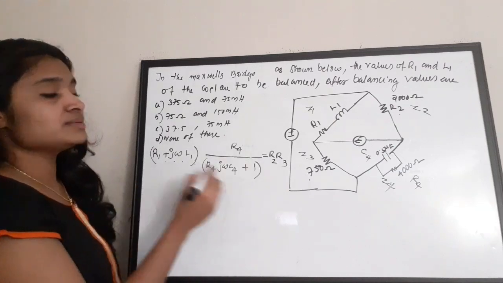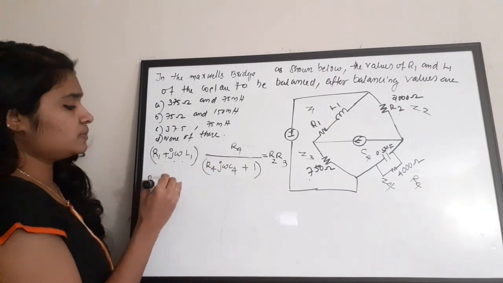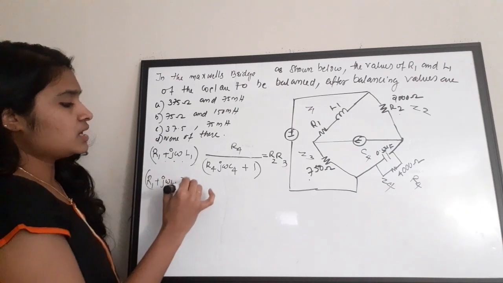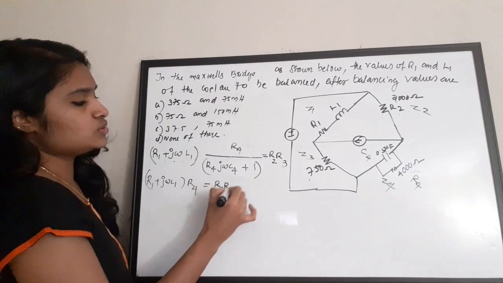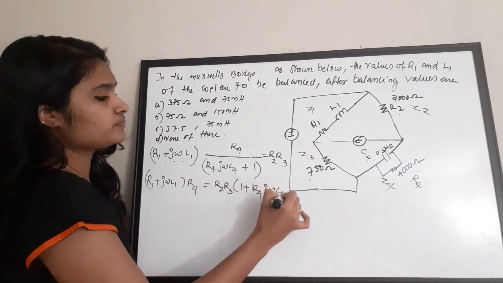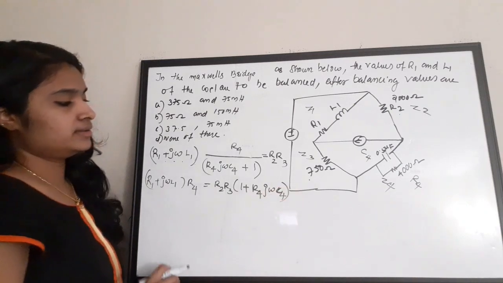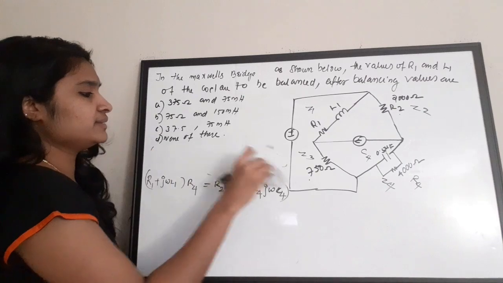So it is R1 plus j omega L1 into R4 is equal to R2 R3 into 1 plus R4 j omega C4. I'm just cross multiplying, nothing else.